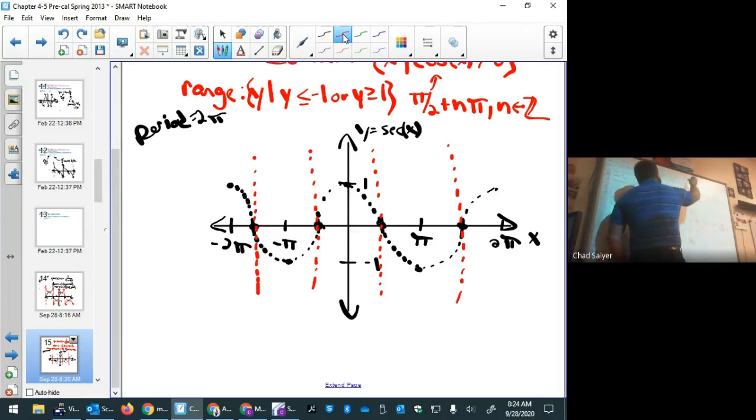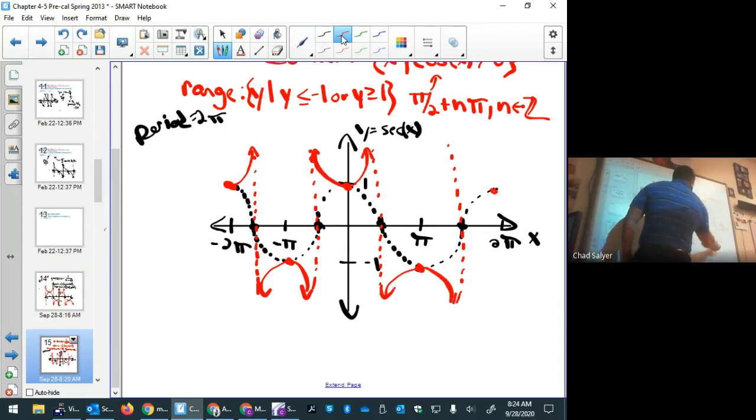And then the maxes and mins are going to be points shared between the cosine and the secant. And it's just going to be these parabolic shapes that represent sort of inside out cosine.